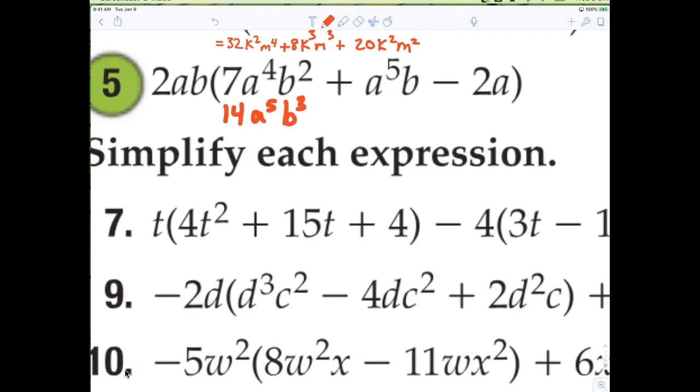Beautiful. B to the 3rd. Now next. Keep going. Plus 2A to the 6th, B to the 2nd.